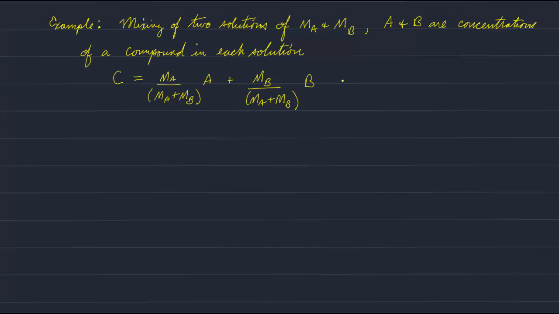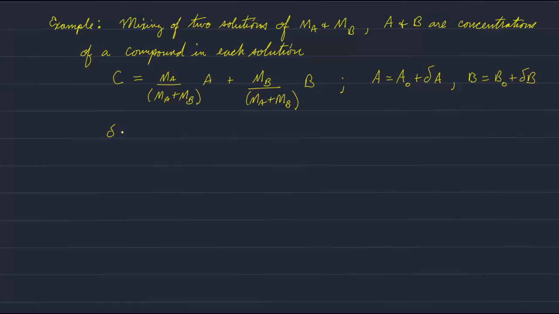And let's also say that we know the concentration of A, we might measure it to have a value of A sub 0, but there's an uncertainty of that concentration, delta A, and likewise the concentration of B is measured to be B sub 0, and it has an uncertainty of delta B. So what is the concentration of the mixture as well as its uncertainty?